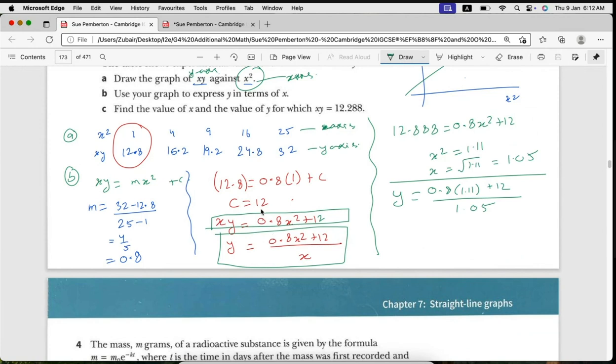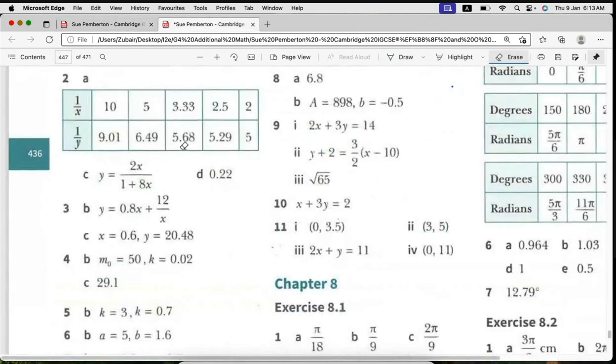No, no, that was the value for y-intercept. Yes. I wrote y-intercept as 12.8. Oh, so then it would just be a 0.8 and then subtract that by that. Okay. 0.8 goes on the other side and gets subtracted. So 0.8 into 1.11 plus 12 over 1.05 would give 12.27. And this is still 0.6. Where is the mistake?